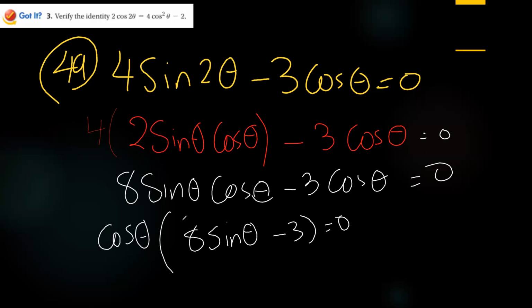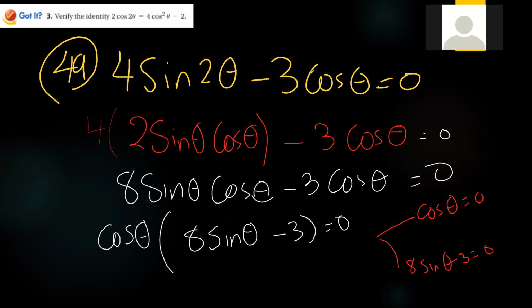That means cosine of theta could be 0, and 8 sine of theta minus 3 could be 0. When is cosine 0?